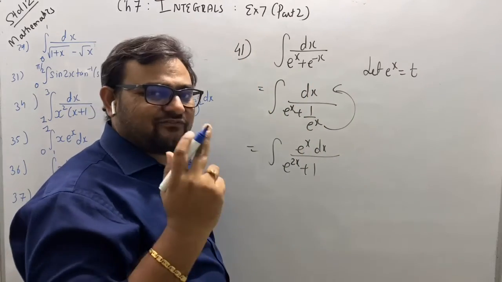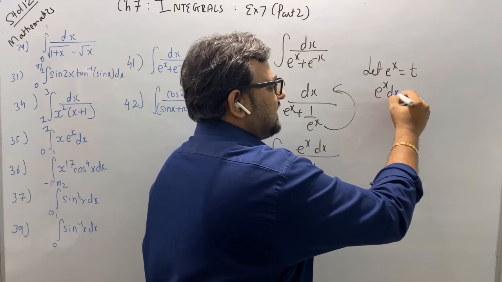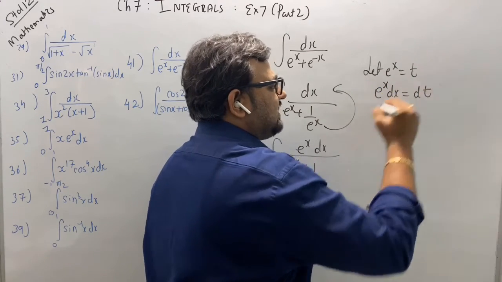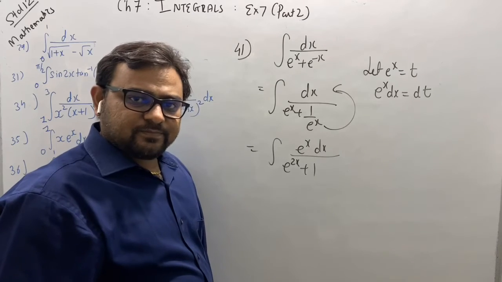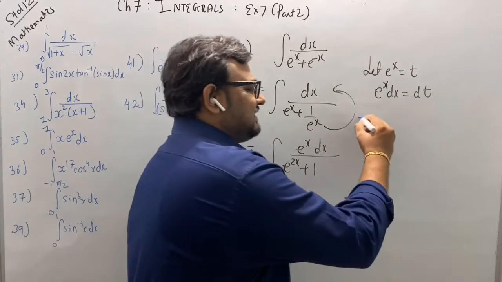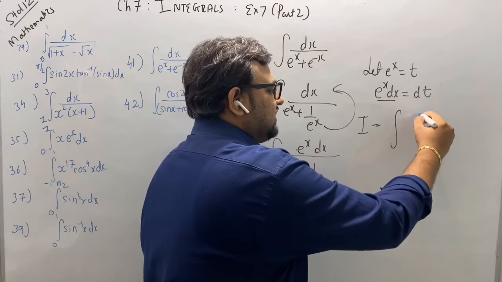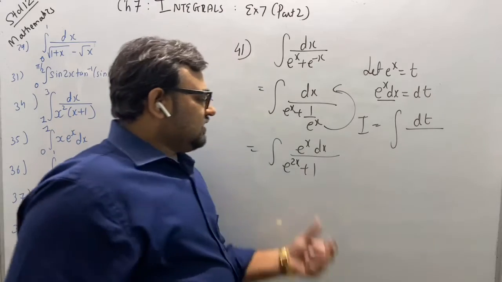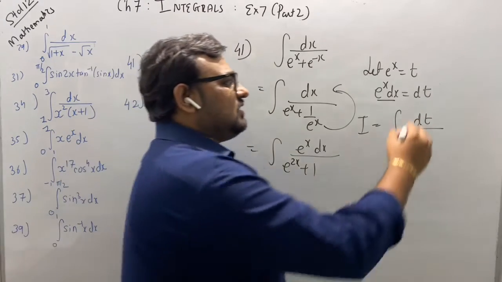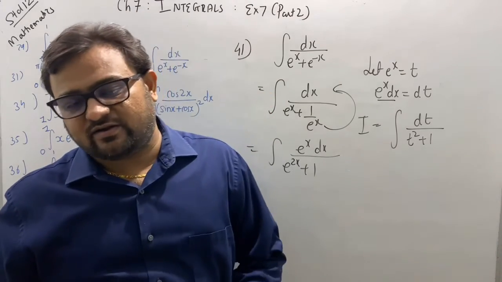When you differentiate it, e raised to x dx will be equal to dt. Clear? So now when you replace it, e raised to x dx is dt, upon e raised to 2x plus 1, that is t square plus 1, right?